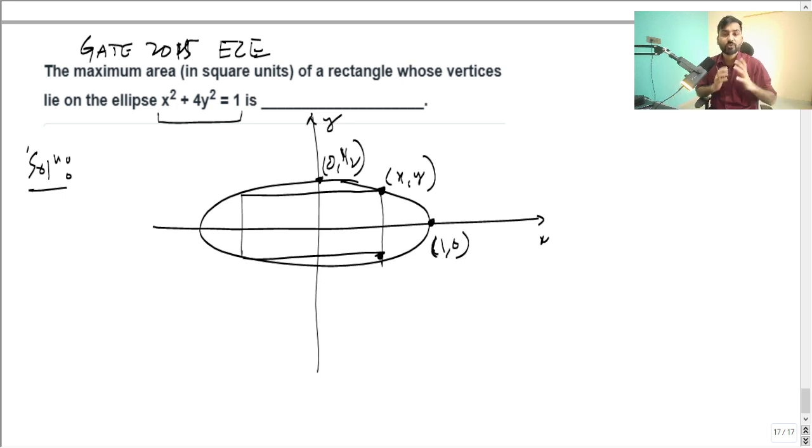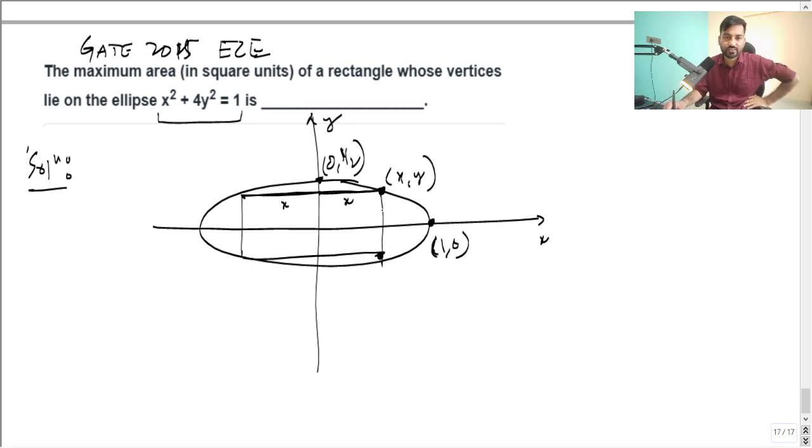Now you need to write the objective function. I think writing the objective function is not a difficult task. The area of the rectangle is nothing but breadth into height. So from here to here, this is x. This is going to be your x only. So you need to find the length of two edges, the horizontal edge and the vertical edge.